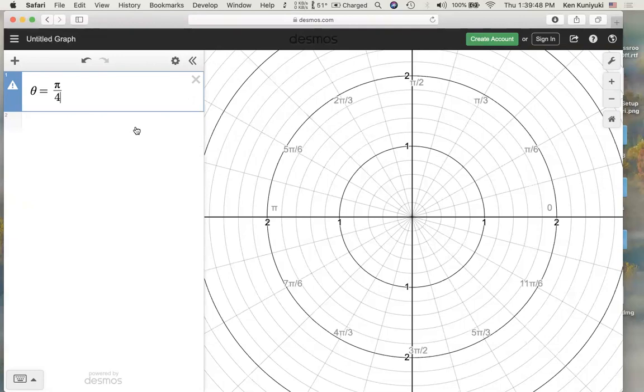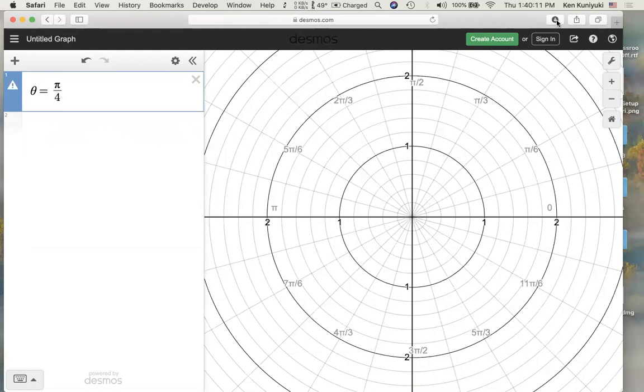Now, what about theta equals pi over 4, let's say? Desmos doesn't know how to graph that, but you should. The treasure map says, from the origin, the pole, where you're standing, the tickets are at a direction angle of pi over 4 or 45 degrees away from where you're standing. What would be your search path?